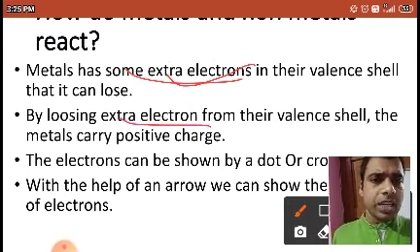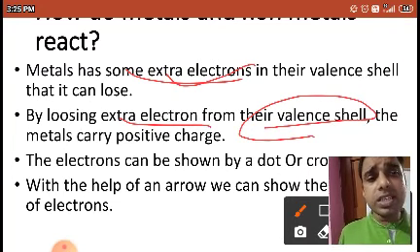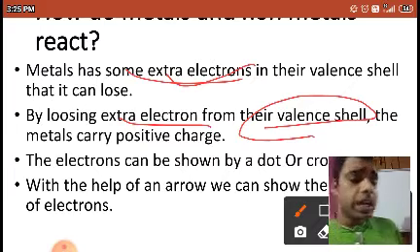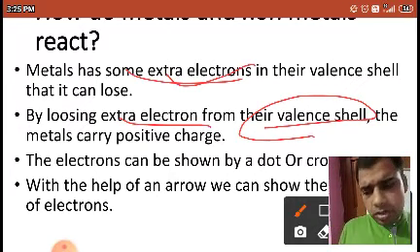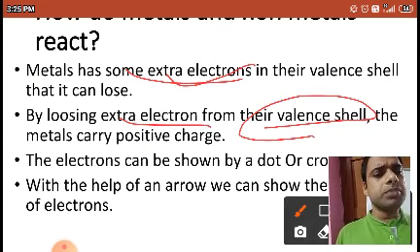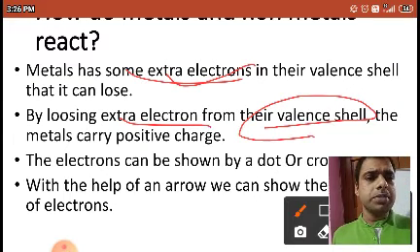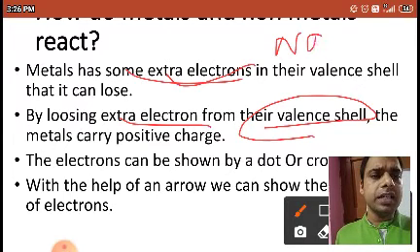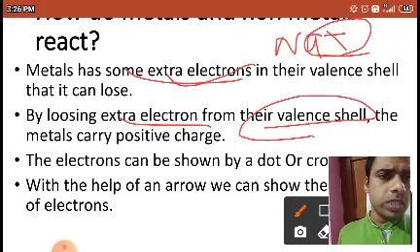By losing extra electrons from their valence shell, obviously the last orbital, the outermost shell, is known as the valence shell. If they are losing electrons, they carry a positive charge. If Na has already lost one electron, it will carry a positive charge.